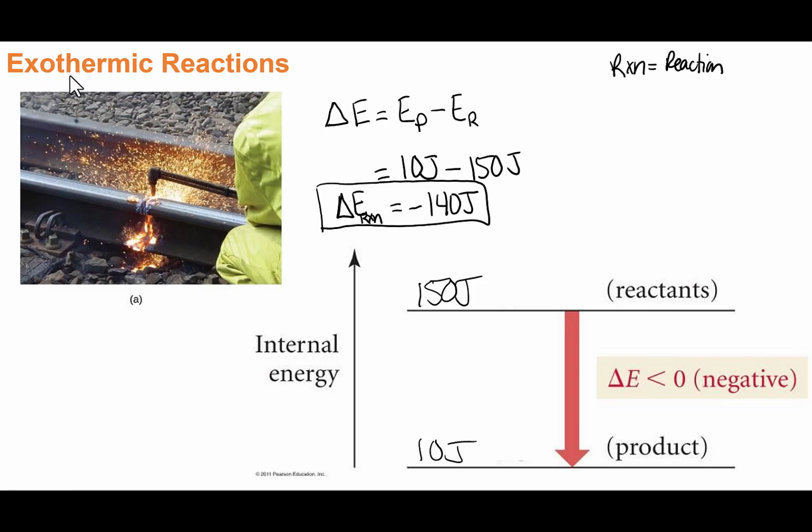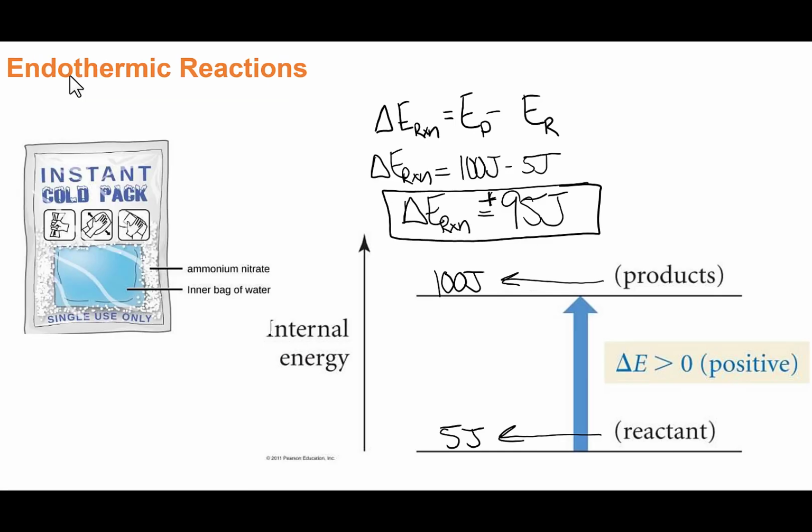In an exothermic reaction, energy is exiting the system, it's being released, and we can identify that as a negative change in energy. For the second example, where it was a positive energy change, this is called an endothermic reaction. Energy has to enter into the system in order for that chemical reaction to take place. So endothermic is a positive change in energy, and energy is entering into that system.